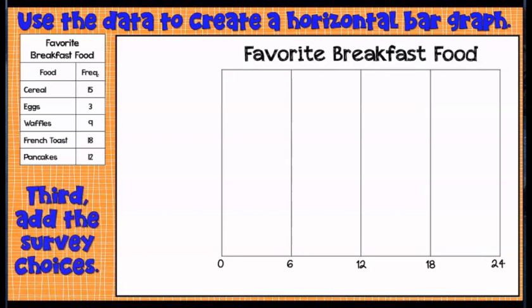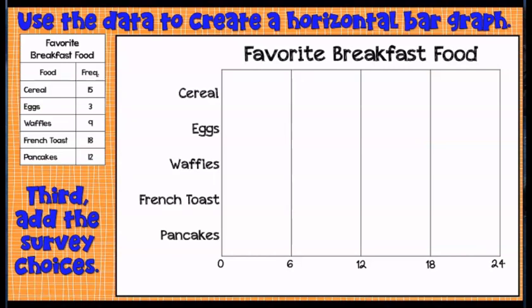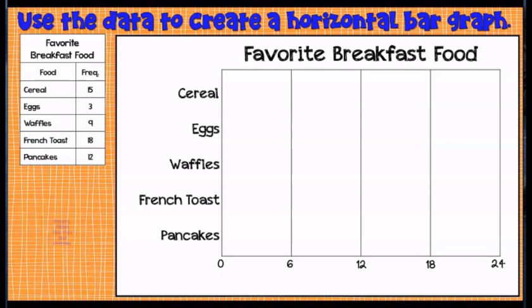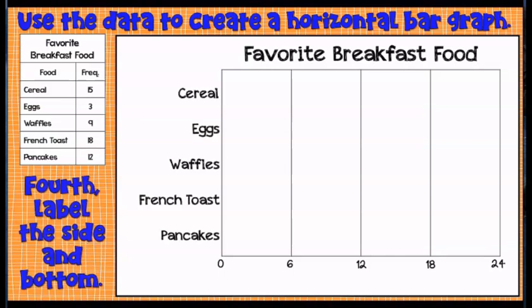Then our next step is to add the survey choices. What are we measuring? We're measuring our favorite breakfast foods: cereal, eggs, waffles, French toast, and pancakes. Oh my! And we're going to label the side and bottom. So the bottom is our number, and the sides are our foods.